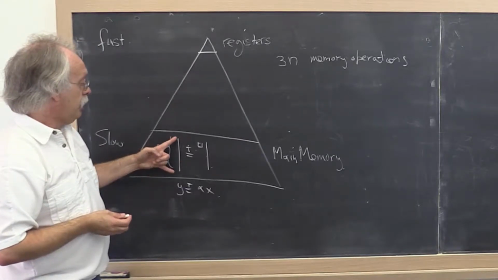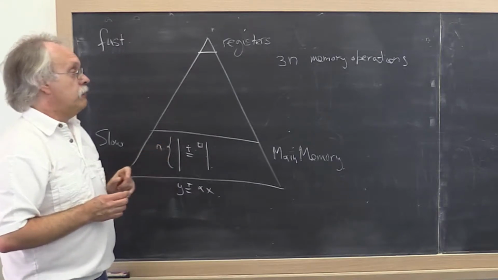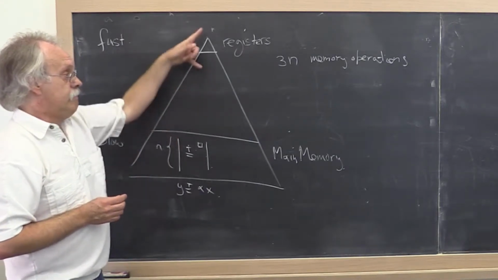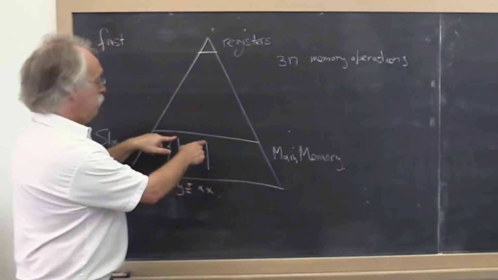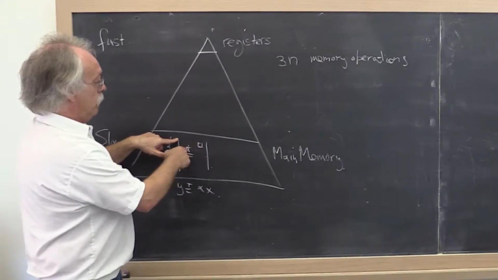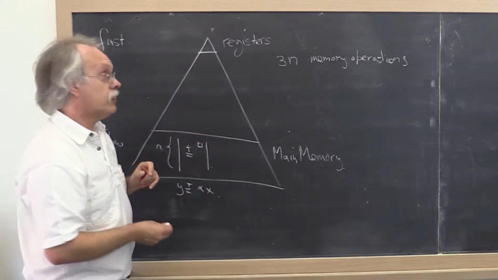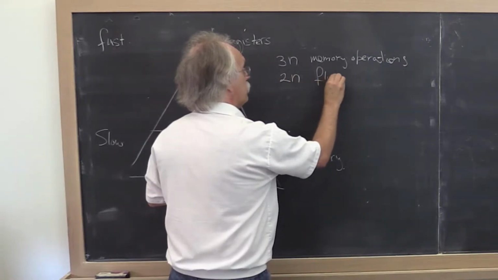And if initially the vectors are in main memory, and when you're finished they have to be in main memory, then notice that that's a lot of data movement, especially if you take into account that with each pair of entries in the vectors, all you do is a multiply and an add. So in the end you do 2n floating point operations.